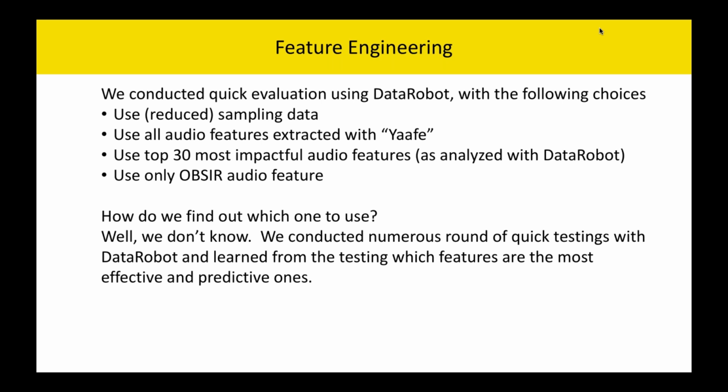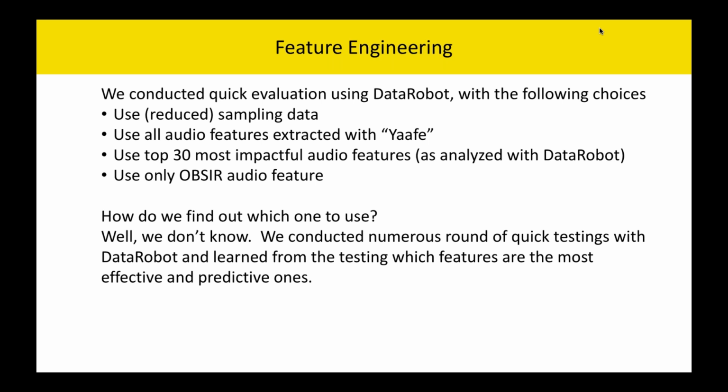So we did another round of testing with only 30 audio features, a much smaller data set, and we found a similarly accurate result, which was really pleasing. Further, from the 30 most impactful audio features, we found a lot of occurrences of a particular feature called OBSIR.